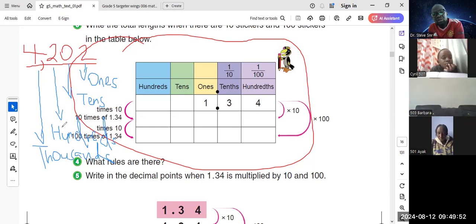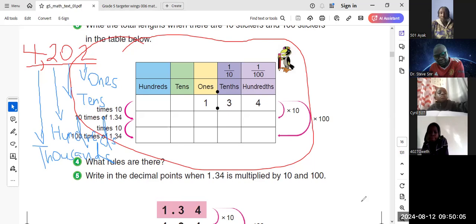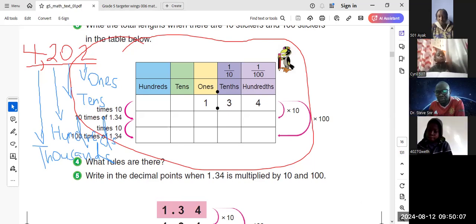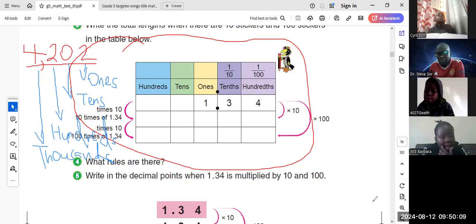Now, how about the total value of 4 in that same digit? Total value of 4, Barbara? What is the total value of 4 in that number? Barbara, what's the total value of 4 in 4,202?